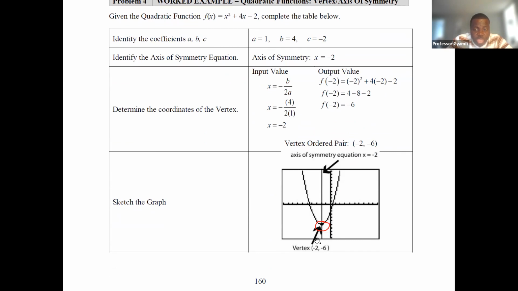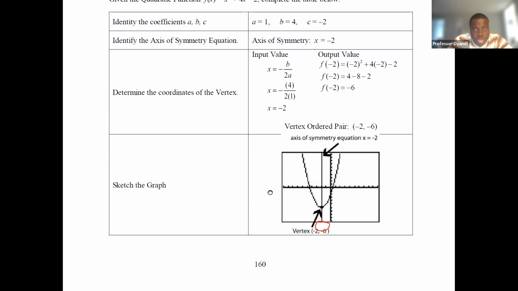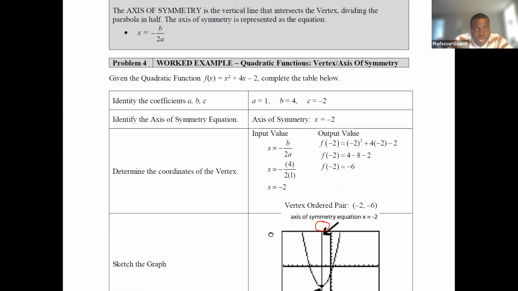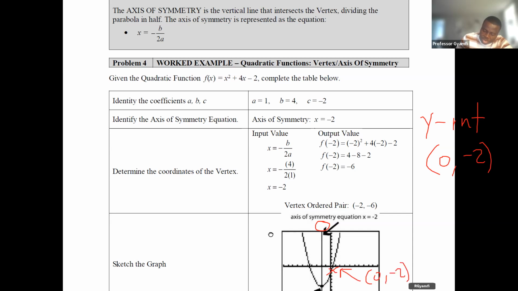Yes, we could find our y-intercept. Go back to the function. The function is x squared plus 4x minus 2. So our y-intercept is 0, negative 2. So I have my y-intercept somewhere here, and then I have my vertex here.